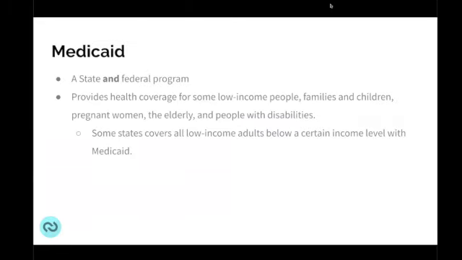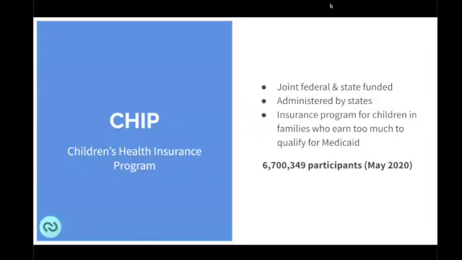So again, Medicaid is state and federal, so state-run, federal oversight, and it provides health coverage for individuals, families, children, pregnant women, elderly, people with disabilities, really anyone who qualifies. The important part is to remember that you can be dual eligible if you qualify, and that it is an assistance program to remove some of those premiums and copays and things that you would have with regular insurance if you're unable to afford them.